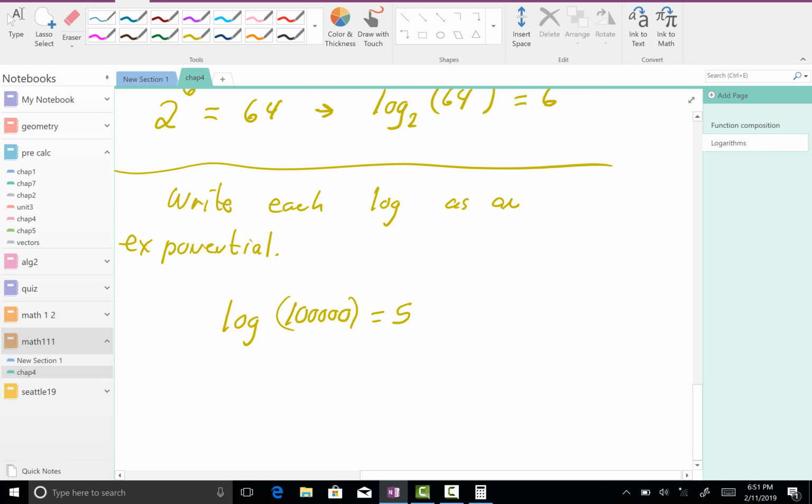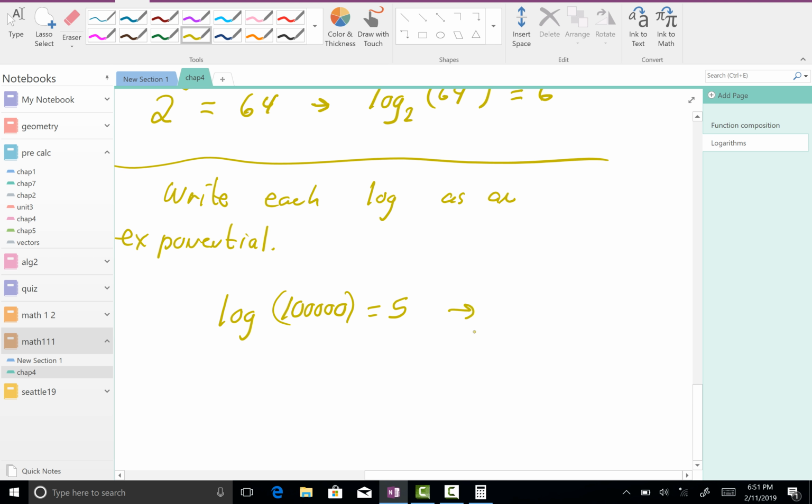We're going to write this as an exponential. So we should really figure out what the base is. What's the base of that? Good. Because there's nothing written down here. If there's nothing written down, then the base is automatically 10. So we got 10 there. That's our base. So 10 to what power? To the 5th is equal to 1 with 5 zeros.